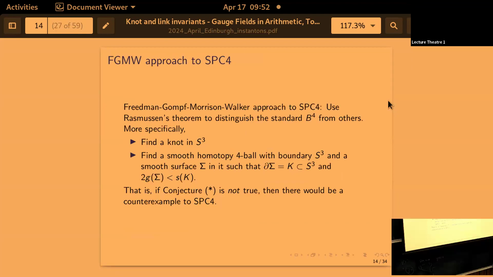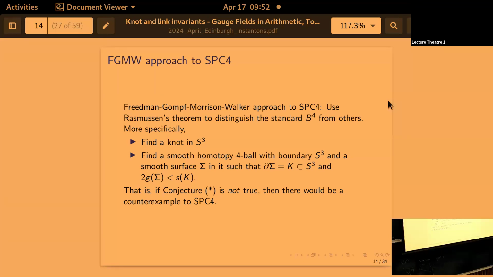There's a Freedman, Gompf, Morrison, Walker approach to trying to disprove SPC4 that works like this. You want to find a knot in S3, and then find a surface in some smooth homotopy 4-ball with boundary S3 such that its genus is not bounded by the Rasmussen invariant. If you can do this, then your smooth homotopy 4-ball must not be the standard 4-ball, and that would be a counterexample.